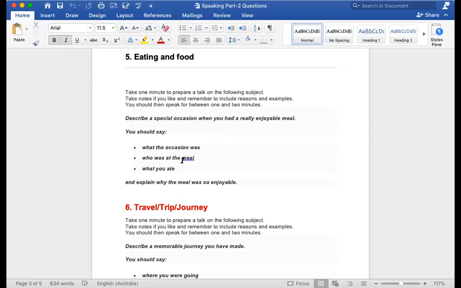The cuisine. So what did you eat? You can use words like cuisine. A big spread of about 40 dishes, or a 40-dish spread was laid out. You could use a big spread was laid out of mouth-watering vegetarian dishes.